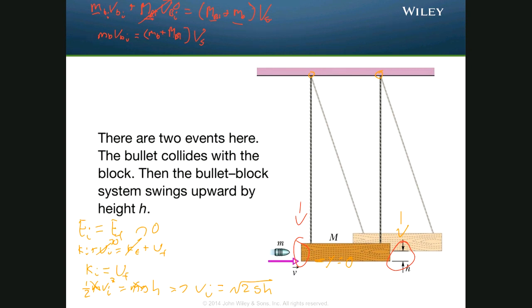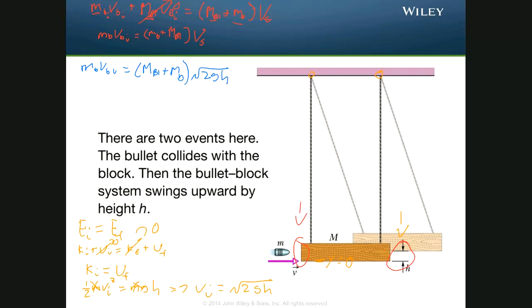Now coming down here, I can combine these two events or connect them where they matter, and I can say that MB VB initial equals M block plus M bullet, times the square root of 2gh.